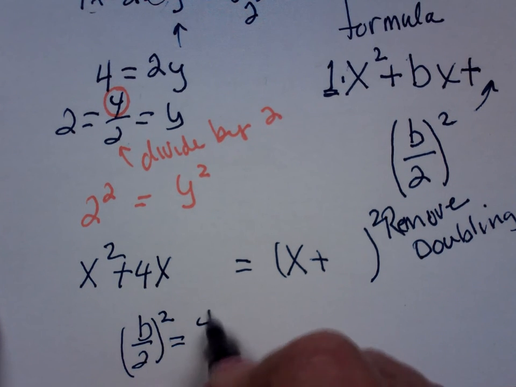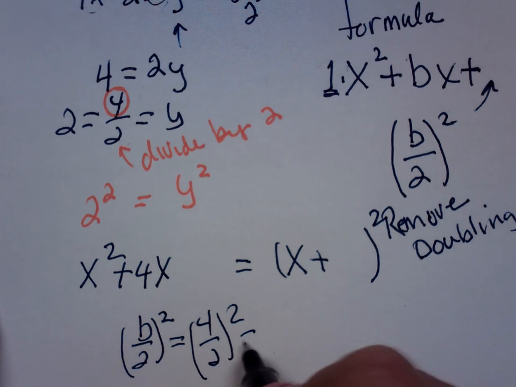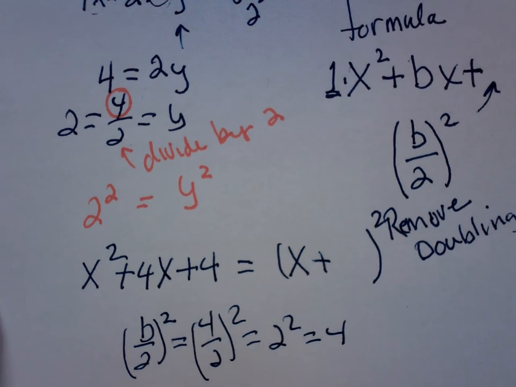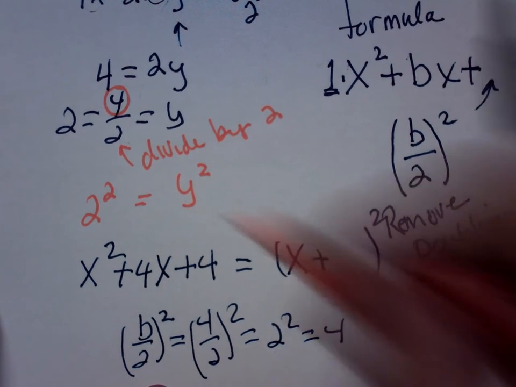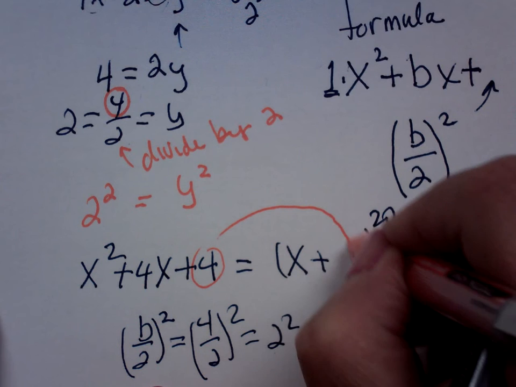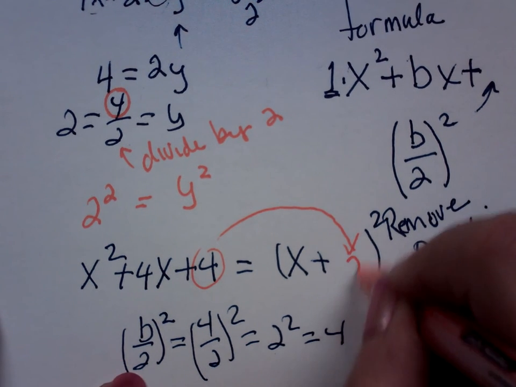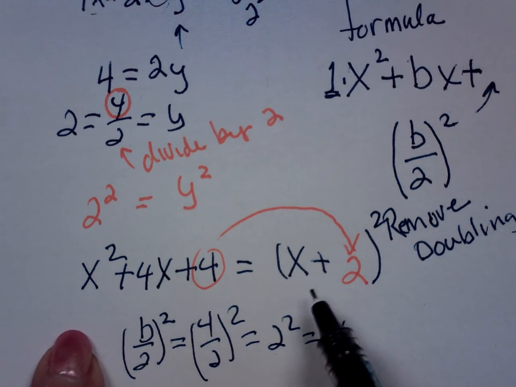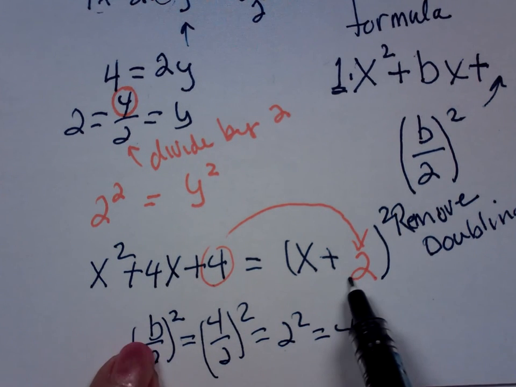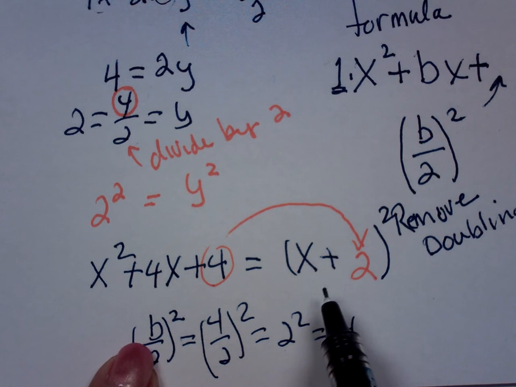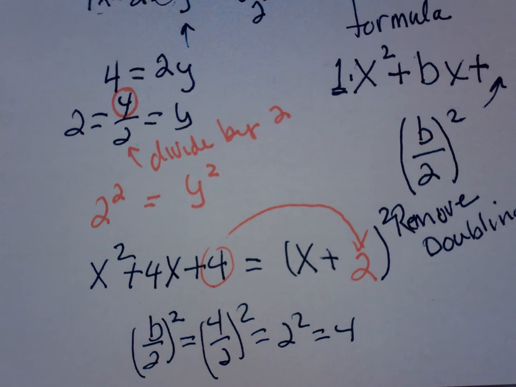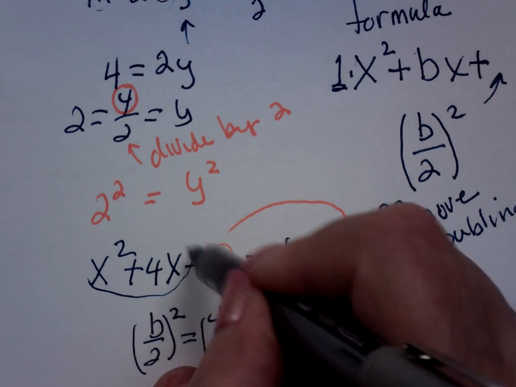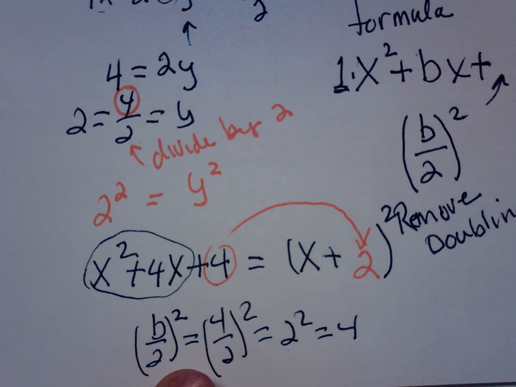This is 4 over 2 squared, which is 2 squared, or 4. So that says I add 4. But if this is a 4, what's this guy? 2. Square root of x squared is x. Square root of 4 is 2. Sign in the center is plus. Now I have a perfect trinomial square. But what I have to have is just this part right here.